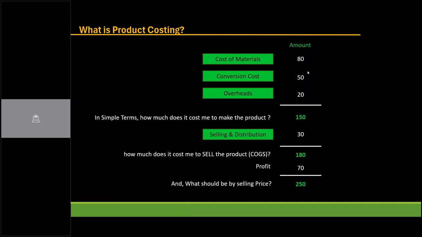Then you have expenses like factory rent, indirect materials, etc., which you cannot directly apportion. Salaries, accounting department salary, IT department salary, all of these are overheads, right?